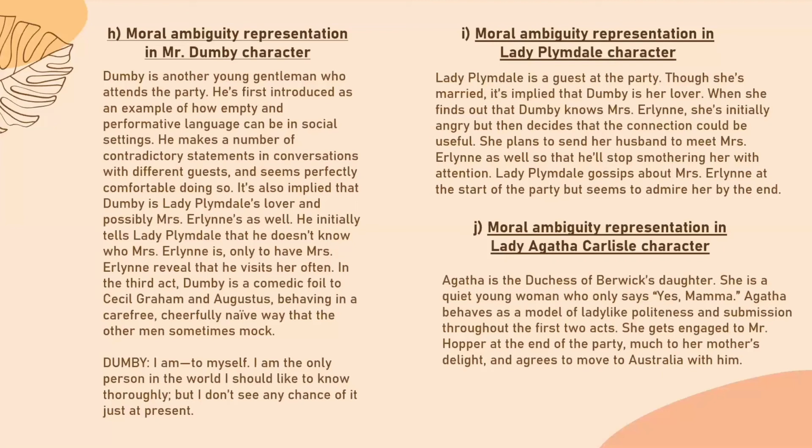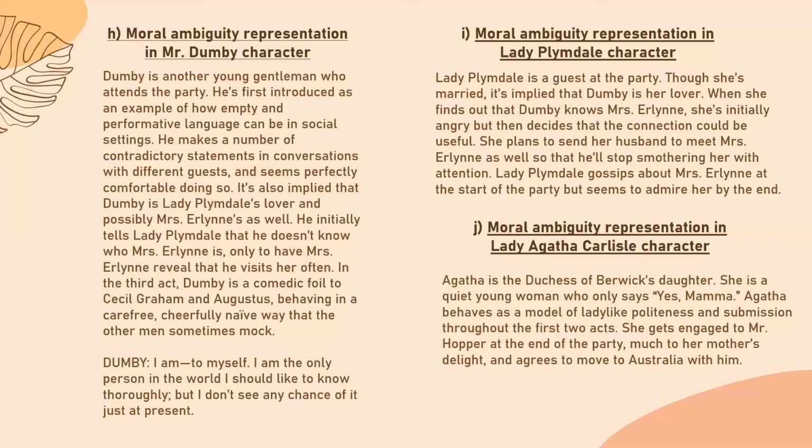It is also implied that Dumby is Lady Plymdale's lover and possibly Mrs. Arlene's as well. He initially tells Lady Plymdale that he doesn't know who Mrs. Arlene is, only to have Mrs. Arlene reveal that he visits her often.